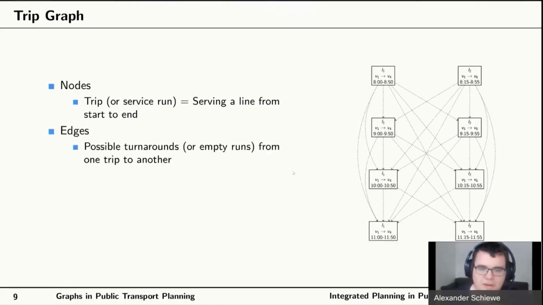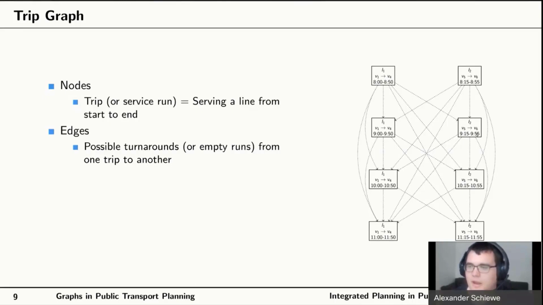The edges are now all possible turnarounds, or another word for it would be empty runs from one trip to another. So we now draw an edge in our graph if it is possible for a single vehicle to serve first this trip above here, and then the trip at the end of the edge.